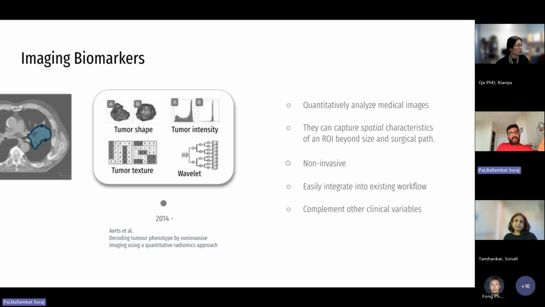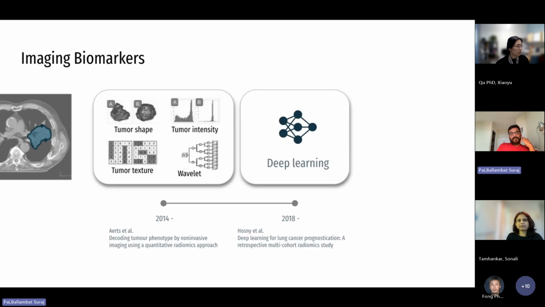And yeah, so this study established that imaging biomarkers are an interesting thing to look at, and they could help you understand how a tumor might progress, and if you might want to quantify a particular prognosis of a specific kind of tumor, you could leverage things like imaging biomarkers over TNM staging. And in 2018, there was a study by Hosni et al., where instead of looking at these predefined statistical kernels, they tried to see if they can use deep learning.